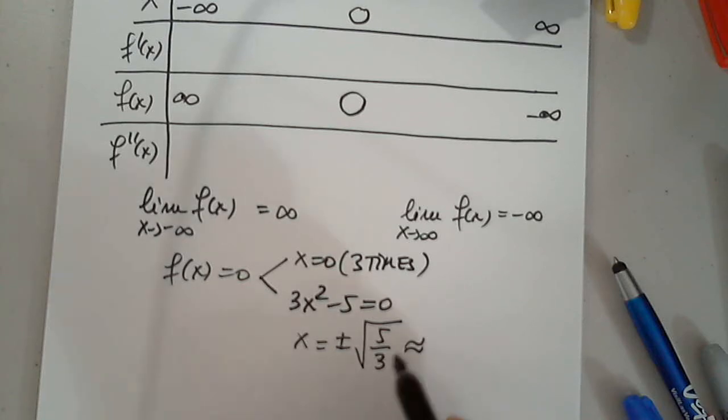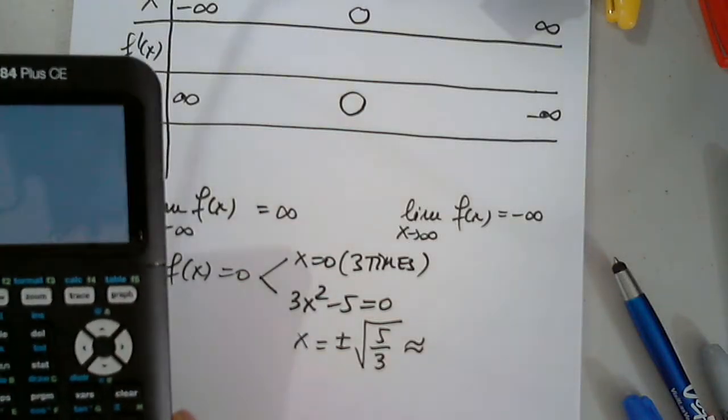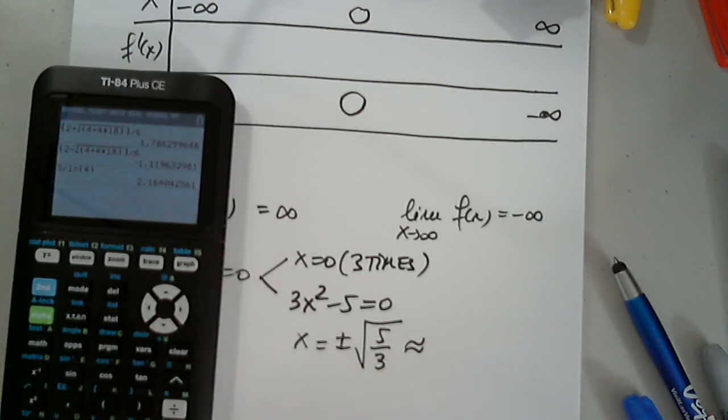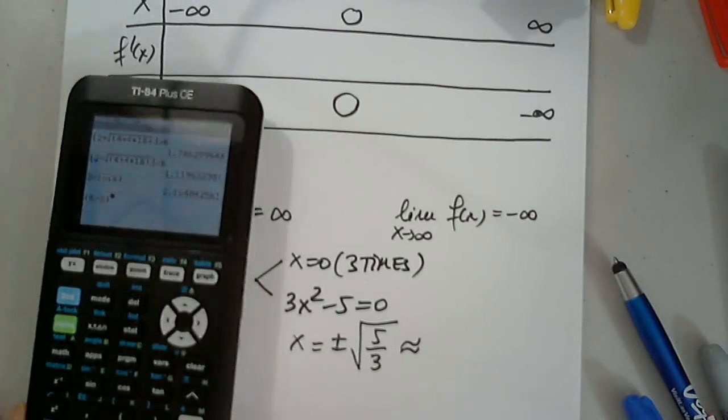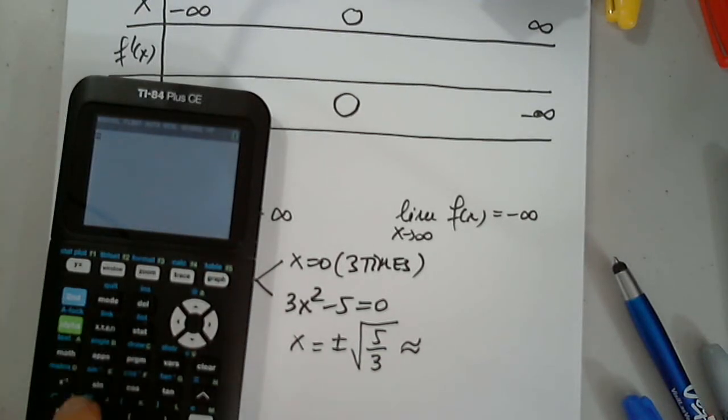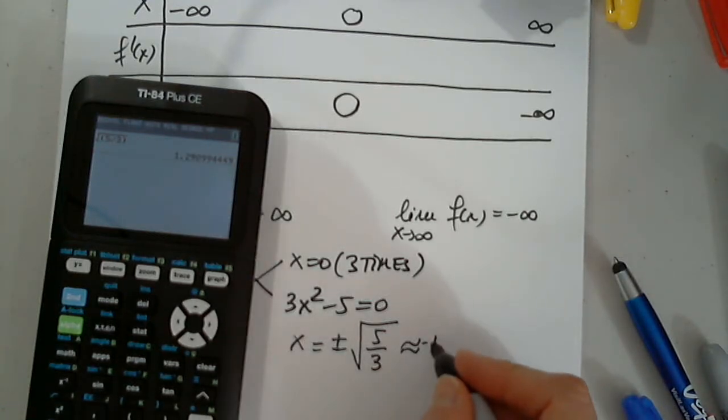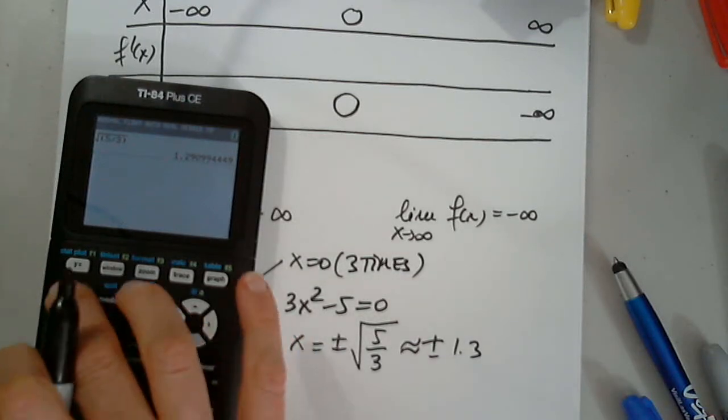This is an impossible situation, because if we decide to graph it, and why not, we will have to graph the square root of 5 divided by 3. So I get 1.3 plus or minus 1.3.